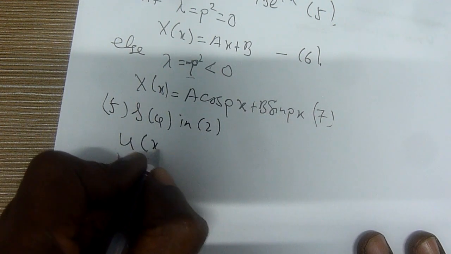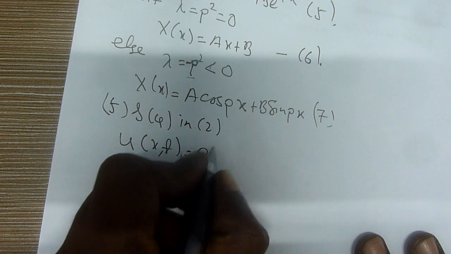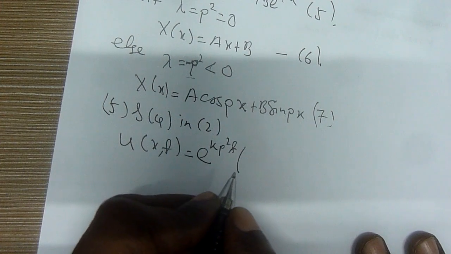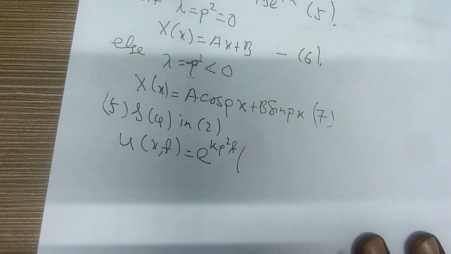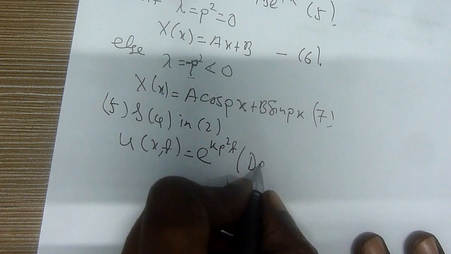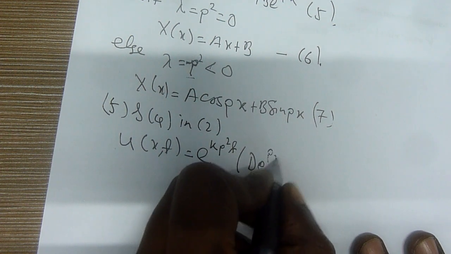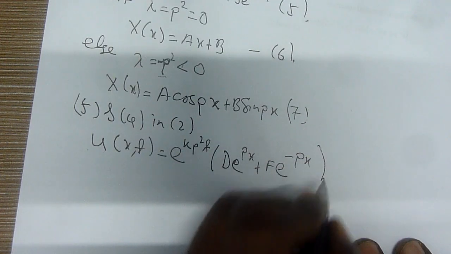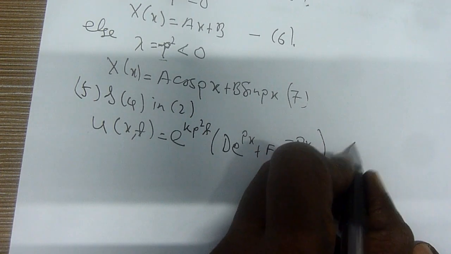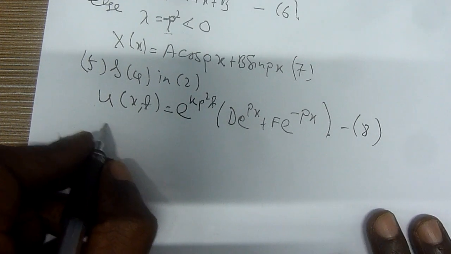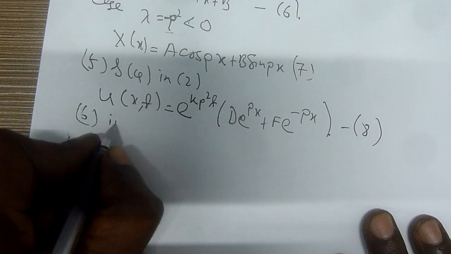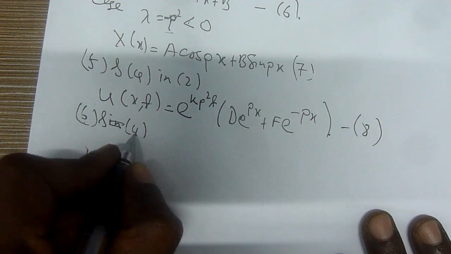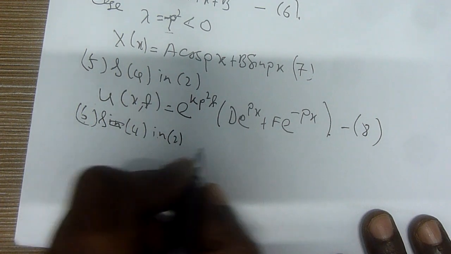See how many solutions I am getting? I am getting e^(k p squared t) times (D e^(px) plus F e^(-px)), from 6 and 4 in 2.